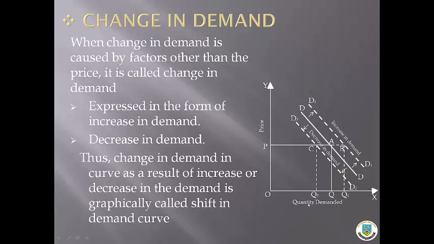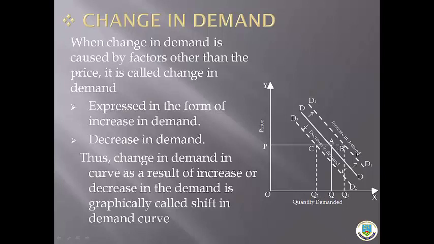Quantity demanded is shown on x-axis and price is shown on y-axis. So, OP is the price. Here OP remains constant and OQ is the quantity demanded. So DD is the demand curve. When demand increases to OQ1, the demand curve shifts to the right, D1 D1.